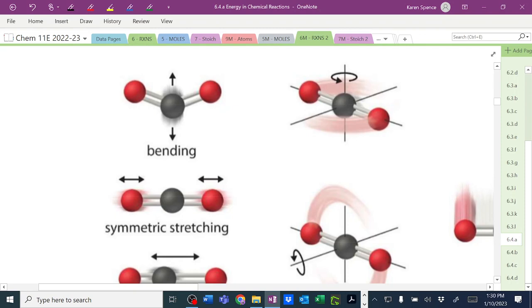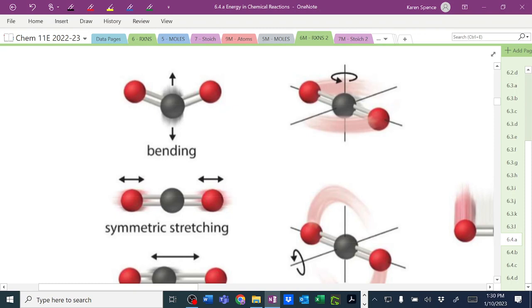And what happens is you can have a molecule that is vibrating and rotating, and maybe it's bending up and down and doing asymmetric stretching at the same time. And then you have to add in translation, which means you're actually moving in space.